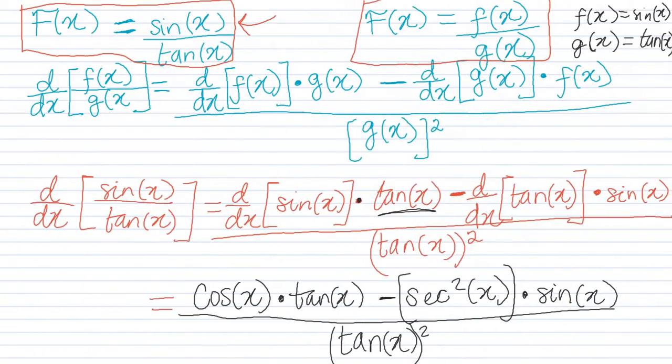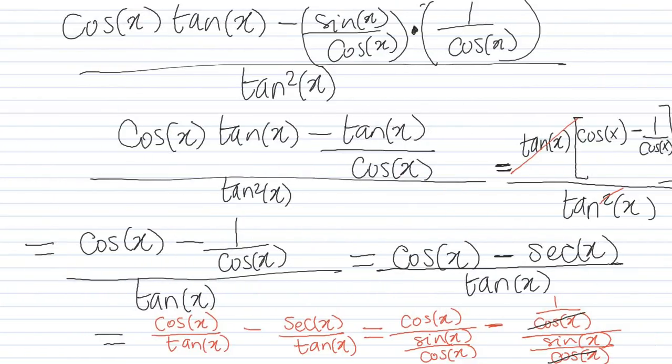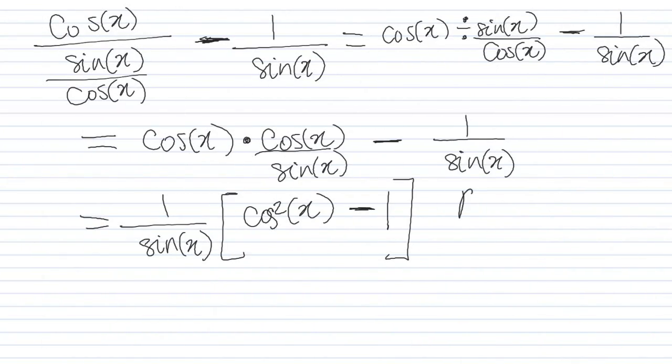Okay, let me put it here for us to remember. Let me use red. So remember, sine squared x plus cosine squared x equals 1. So therefore, if you want cosine squared x minus 1, what is that going to equal?